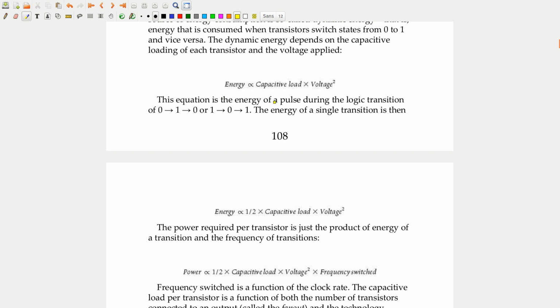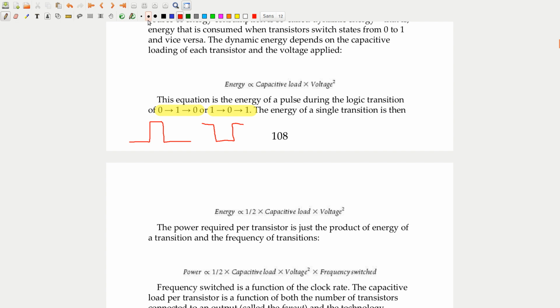So the equation is the energy of a pulse during a logical transition, so 0, 1, 0 or 1, 0, 1. This is basically a clock cycle, you can think of it. So you have a little bit of a 0, 1, 0, or you're at the tail end of a 1, 0, and then you get to another 1.